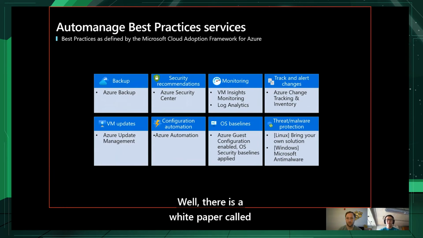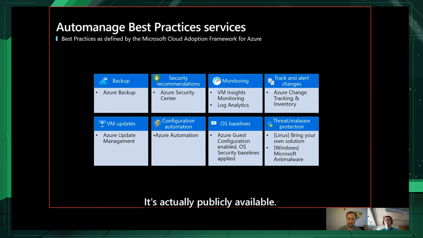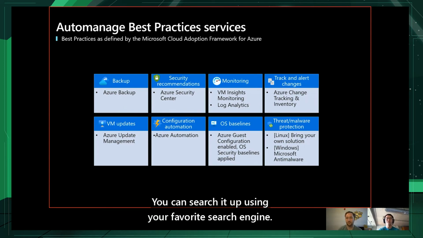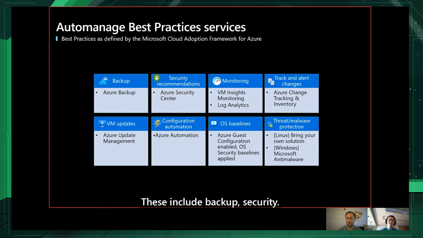So what exactly is that best practice state? Well, there is a white paper called the Microsoft Cloud Adoption Framework for Azure. It's publicly available, so you can search it up using your favorite search engine. Within that white paper, we lay out a bunch of different areas that should have some management best practices. These include backup, security, monitoring, change tracking, VM updates, automation, OS baselines, and threat and malware protection.